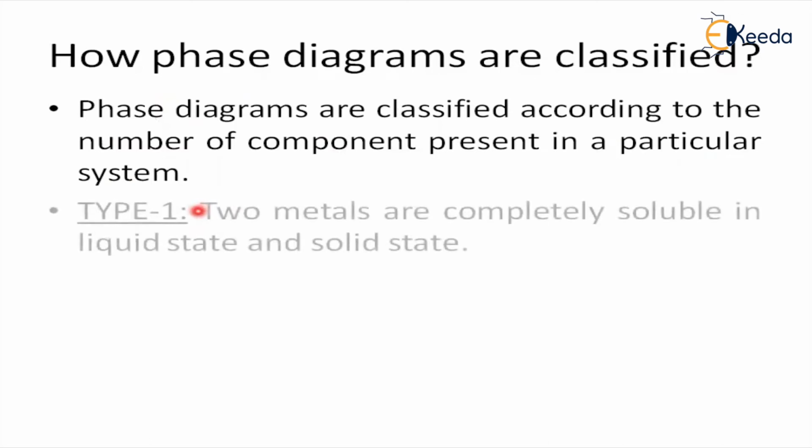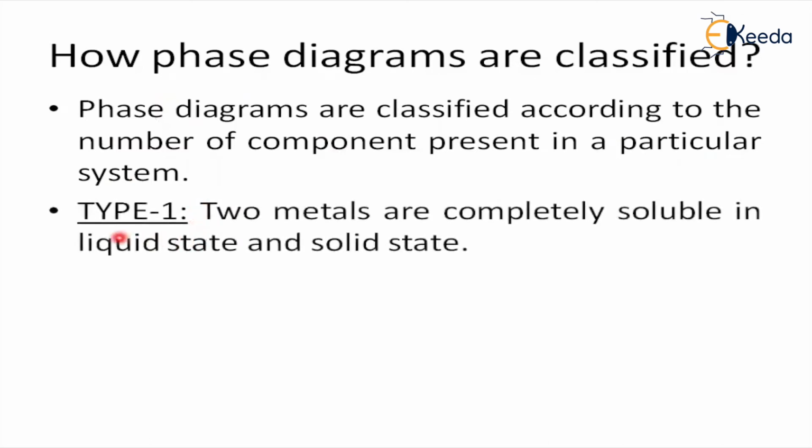The main classification that we are going to discuss now is type 1, which means two metals are completely soluble in both the liquid state and the solid state. That type of phase diagram is represented as a type 1 phase diagram.